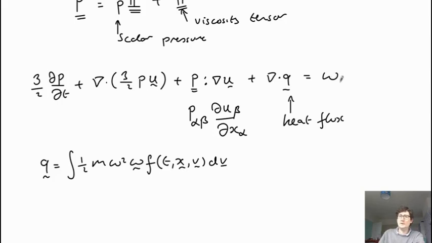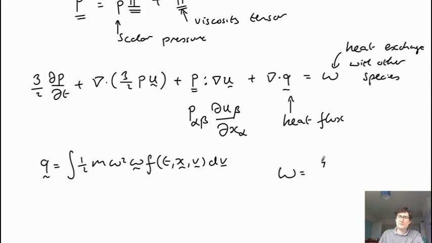And then W here is the energy or heat exchange with other species. Again, we can write down that W for species S, so here we call this W_S, is the sum over all the other species S prime of a heat exchange between S and S prime, which again depends on F_S and F_S prime.